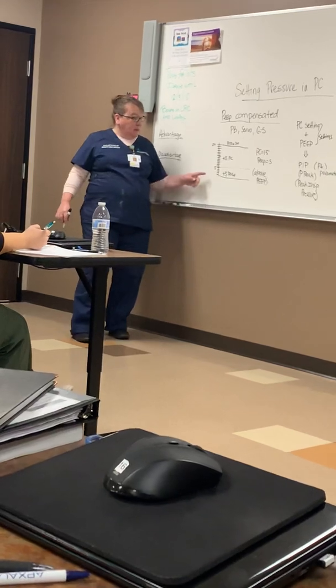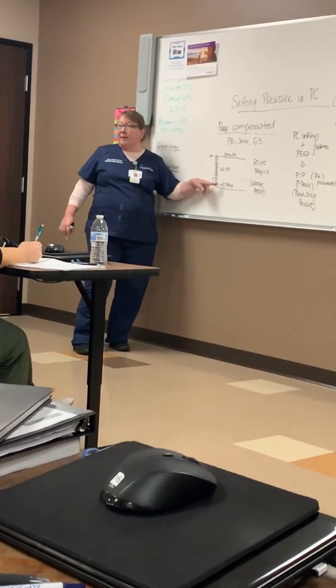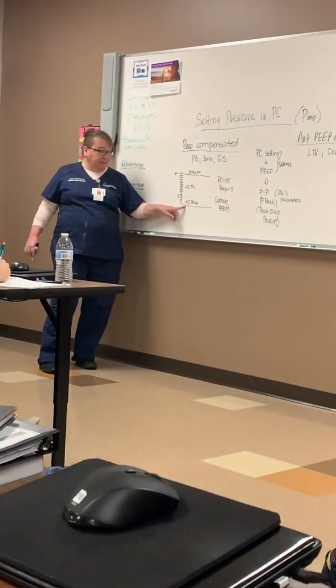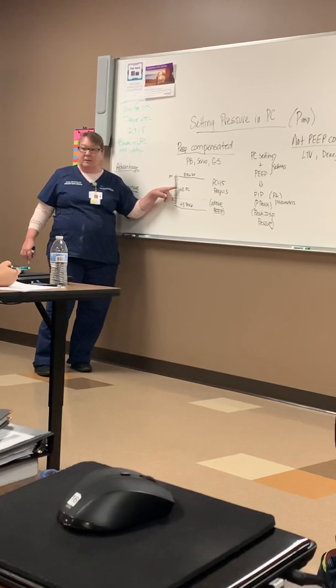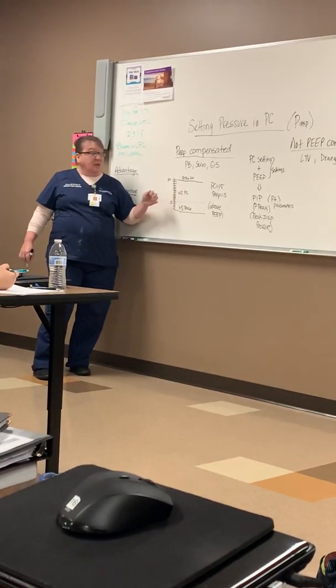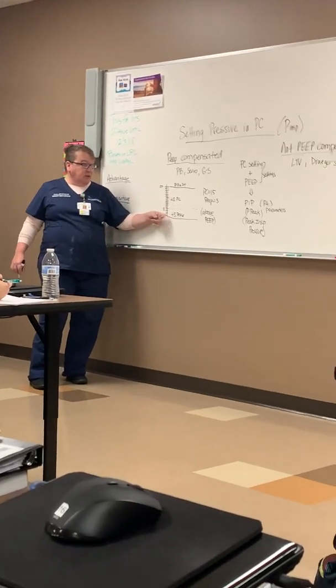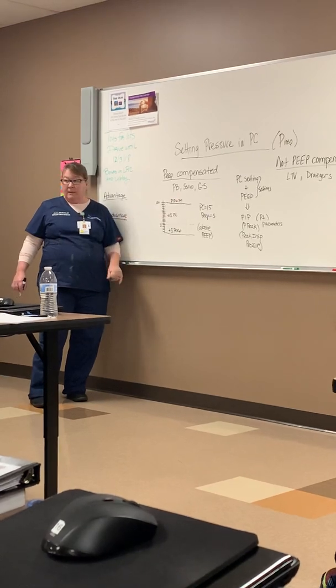If the doctor orders 15, I want it 15 above the baseline. Because I don't want 15 from here. If I did 15 from here, that would only be 15, which means you only had pressure control of 10, right? So you always have to take into consideration your PEEP. So that's why I said pressure control plus PEEP should equal the PIP.